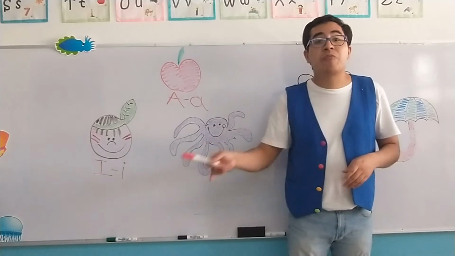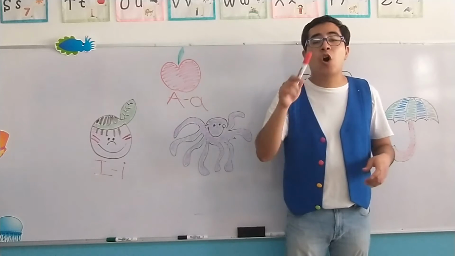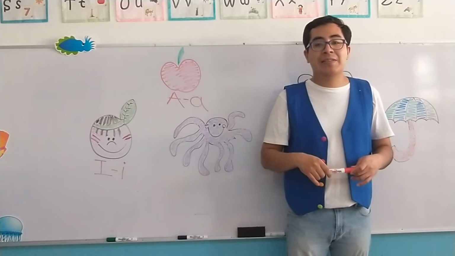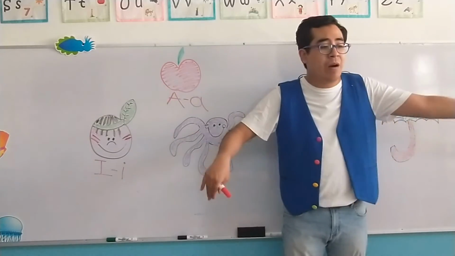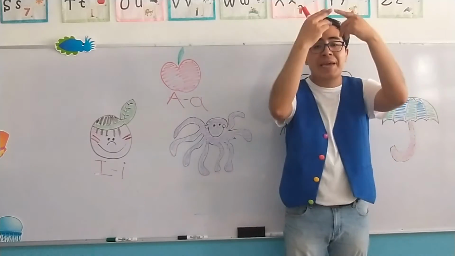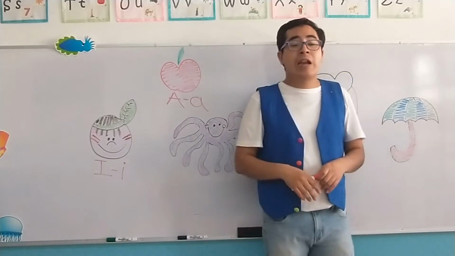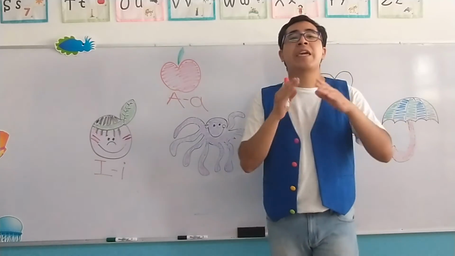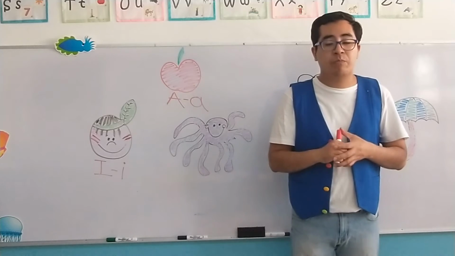Now, under the apple, we have another object. Now, this object, remember, it's part of the family of animals of the sea. Animales del mar. It's an animal that has 8 different arms, tiene 8 tentáculos, 8 brazos, and 1 big head. Color purple, an octopus. Now, the word octopus begins with what letter? ¿Con qué letra va a empezar octopus?